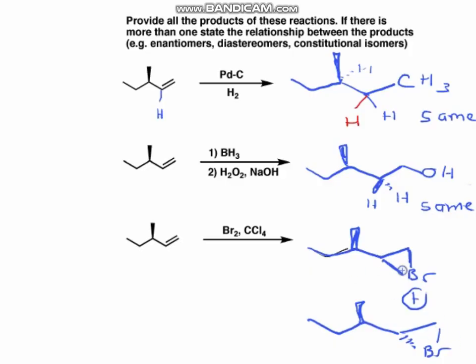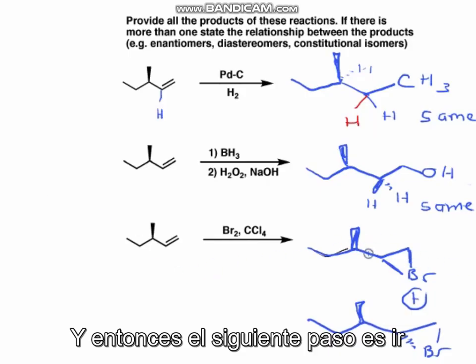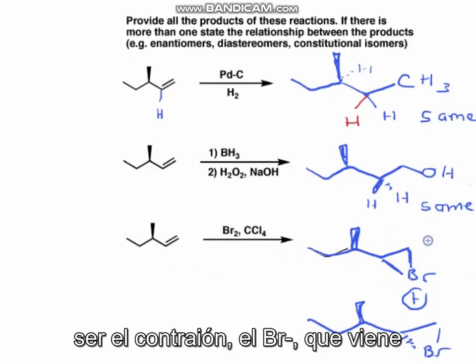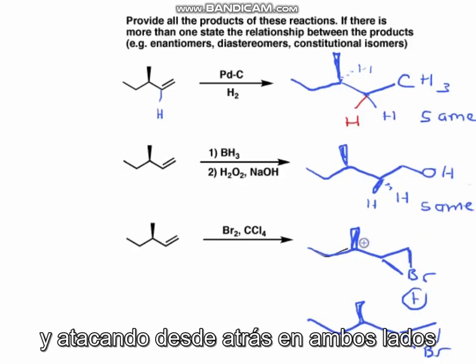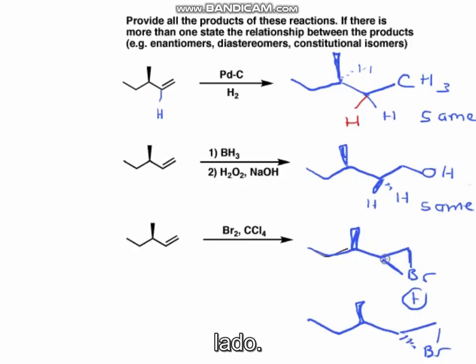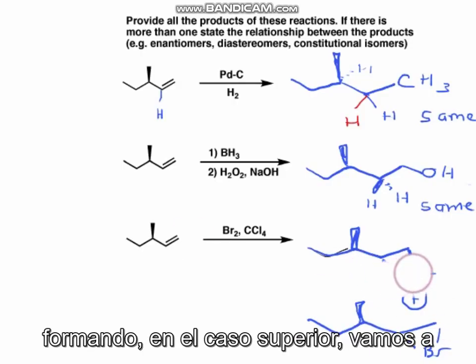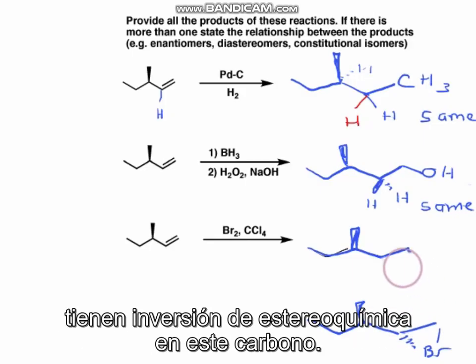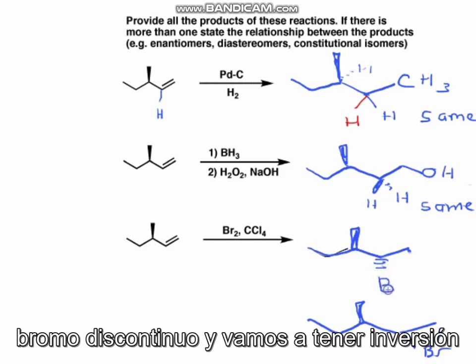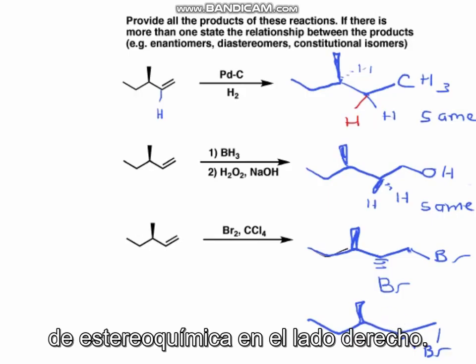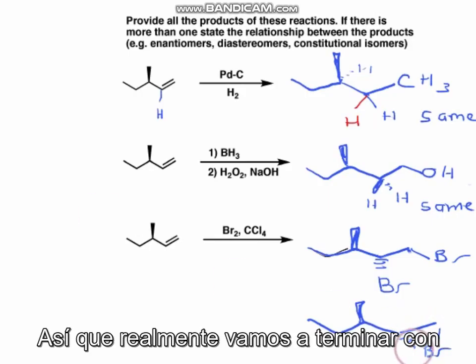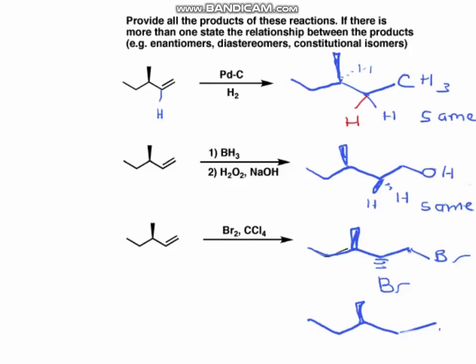The next step is going to be the counter ion, the Br minus, coming in and attacking from the back on either side. In the top case, we're going to have inversion of stereochemistry on this carbon, so we're going to end up with a dashed bromine, and we're going to have inversion of stereochemistry on the right-hand side, so we're going to end up with a wedged bromine here.